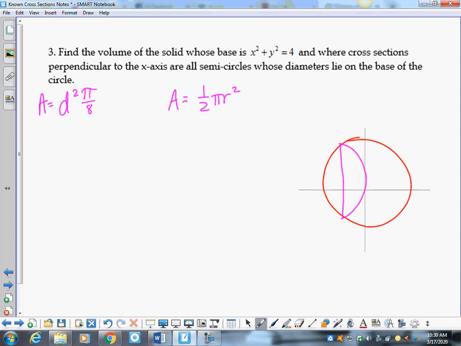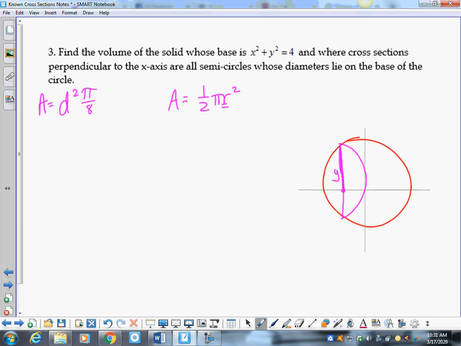Okay, so let's think about which one would make more sense here. If I use the first one, the diameter is all the way across, which would be 2y. The 1/2 pi r squared uses radius, which would just be halfway, which would just be y.